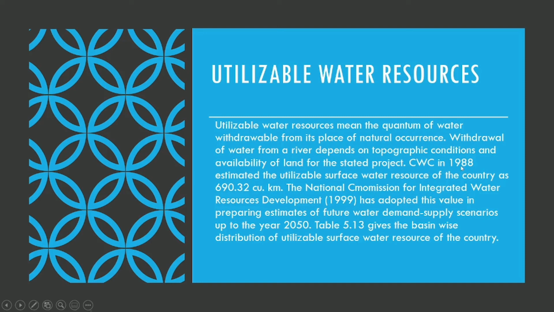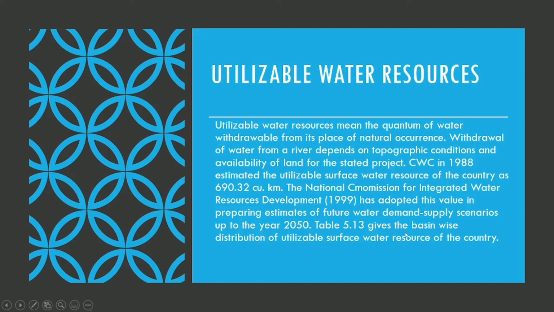CWC in 1988 estimated the utilizable surface water resource of the country as 690.32 cubic kilometers. The National Commission for Integrated Water Resources Development has adopted this value in preparing estimates of future water demand supply scenarios up to the year 2050.